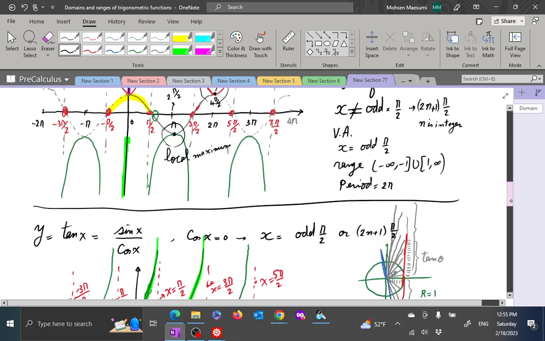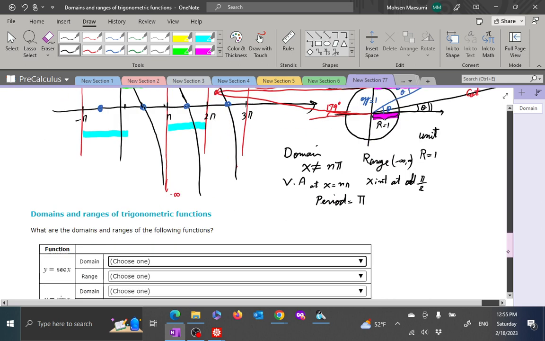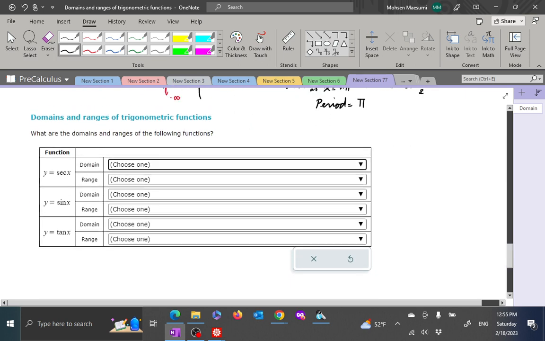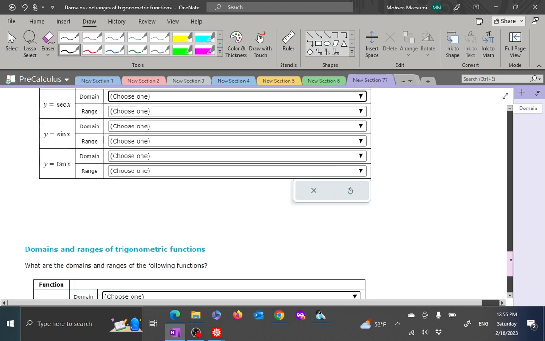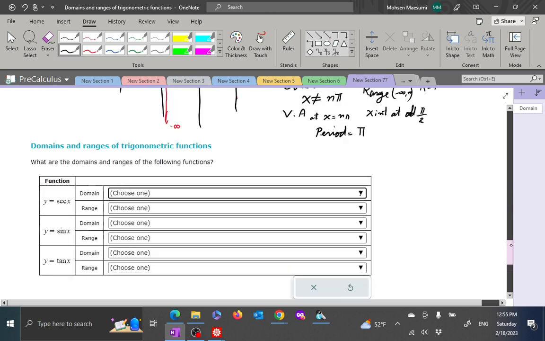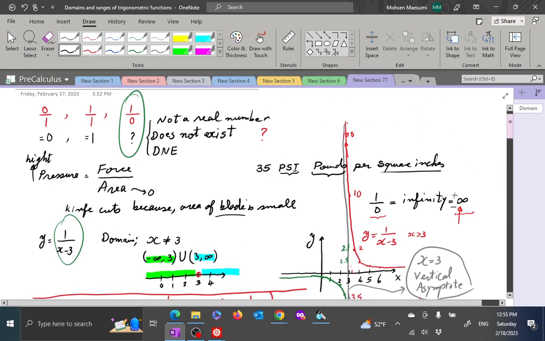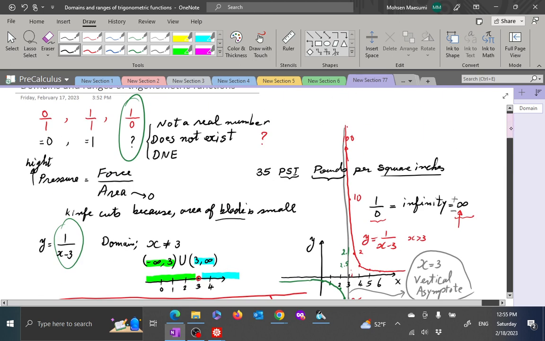Okay, so then these questions, you open the drop down menu and you choose accordingly, according to what we said. So I'm not going to bother with that anymore. Hopefully this issue stays with you.